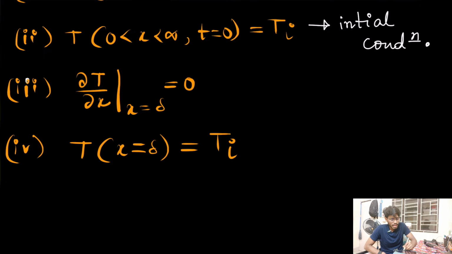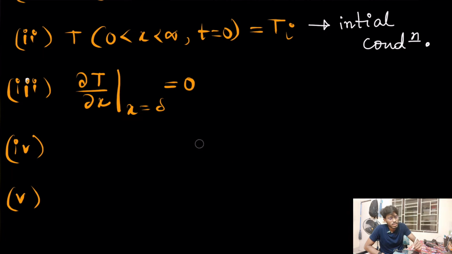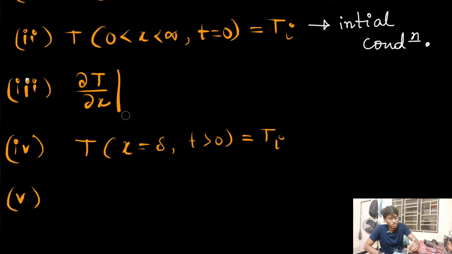And actually I should write these conditions in a proper manner. T at x equal to delta at any t greater than 0 is equal to Ti. And this also I should write as del T del x at x equal to delta at any t greater than 0 is equal to 0. Clear?